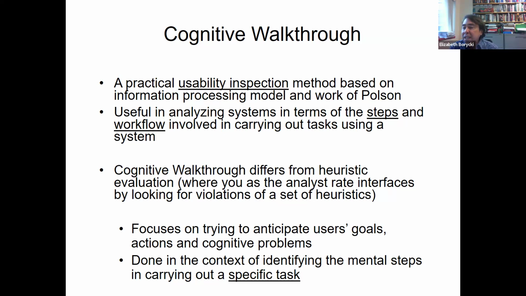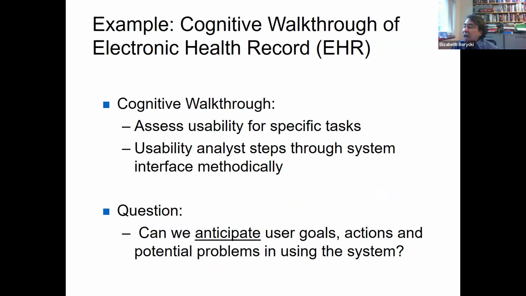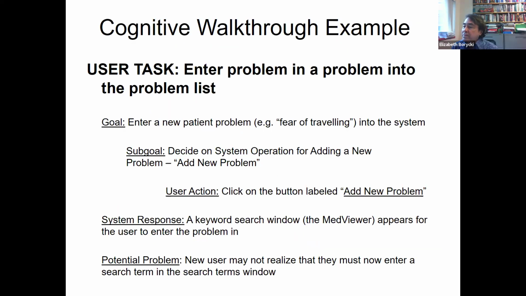And you, as the analyst, try to predict the user's goals, actions, and potential problems, again, in the context of a task. So I'll give an example of using a cognitive walkthrough to assess usability for a specific task, trying to anticipate user actions, problems, etc. This was from a system that was developed.